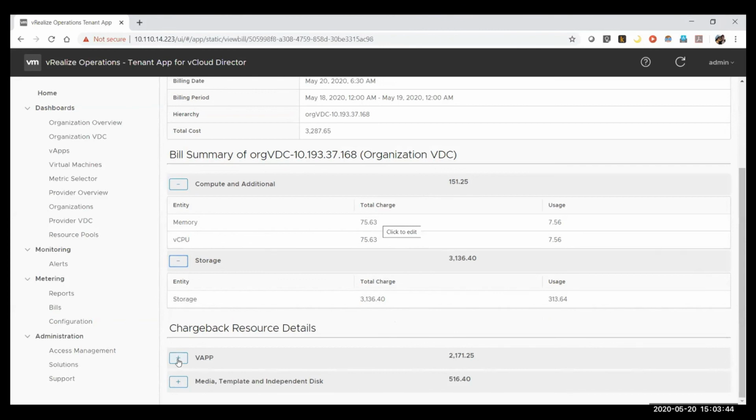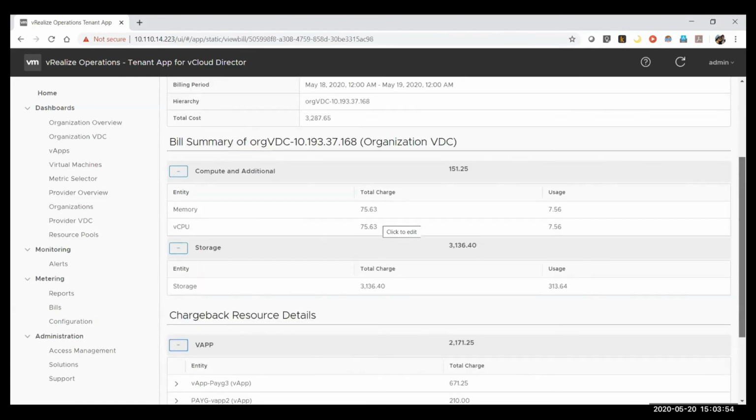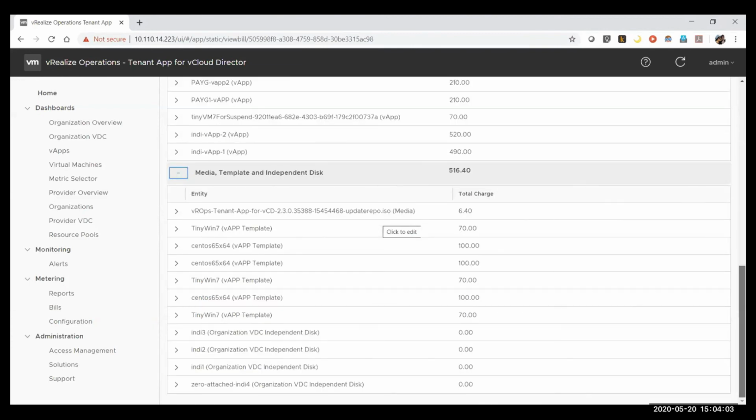And then it breaks it down in another level of slicing, which are the VApps that are under this org VDC, and how they sum up to this total of 3,287. So this is all the compute and the storage cost together, media, template files, independent disks, and so on.